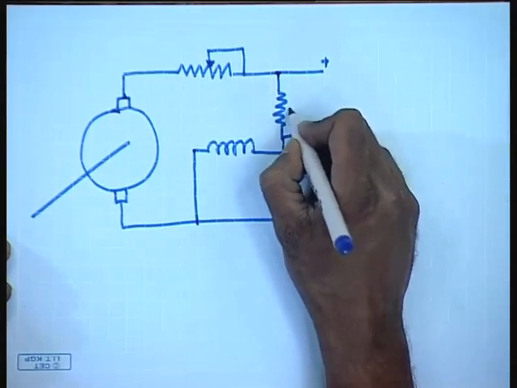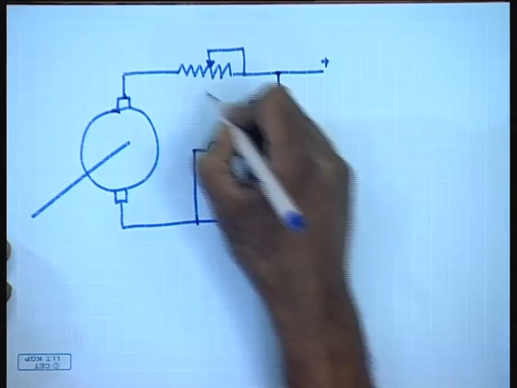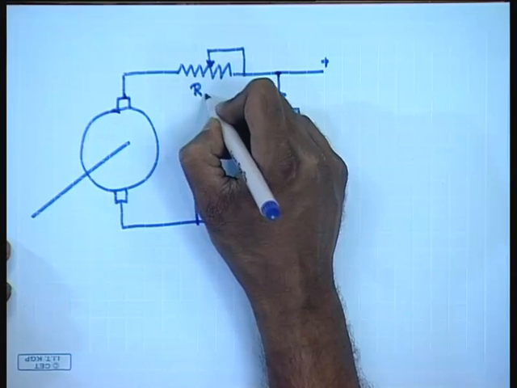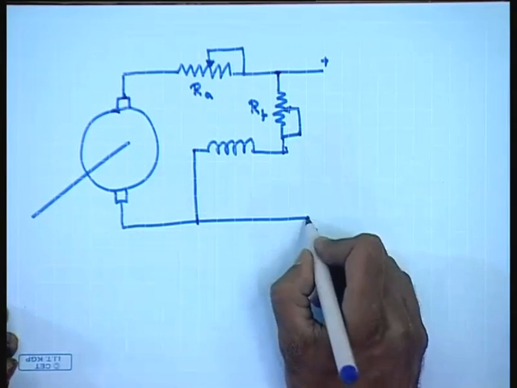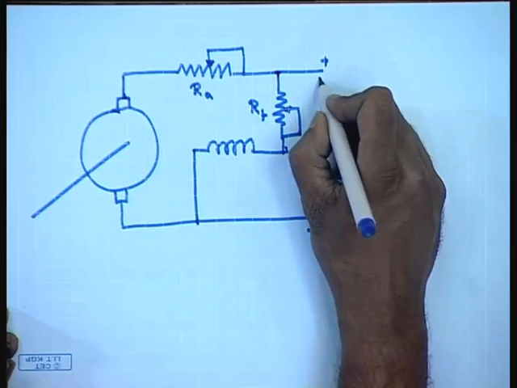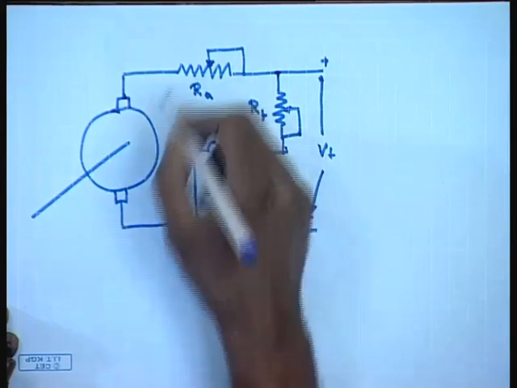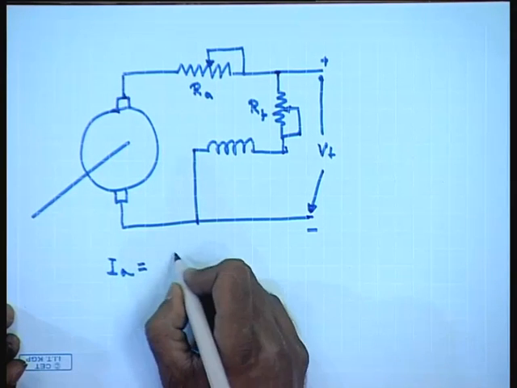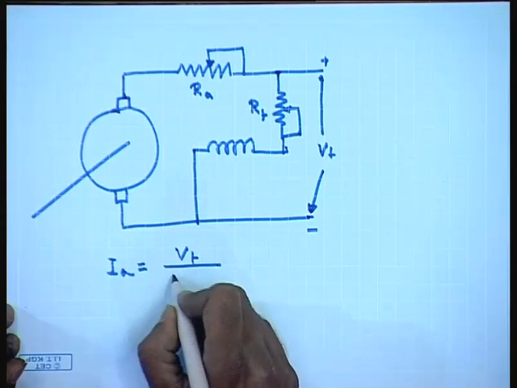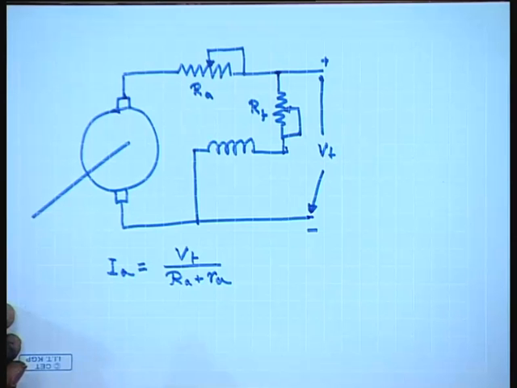There are two resistances, one connected in the armature circuit. So, with this during start we can write Ia equal to Vt divided by capital Ra plus intrinsic armature resistance Ra.